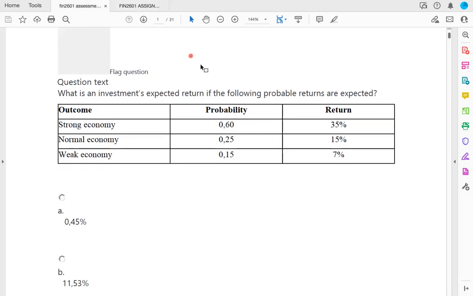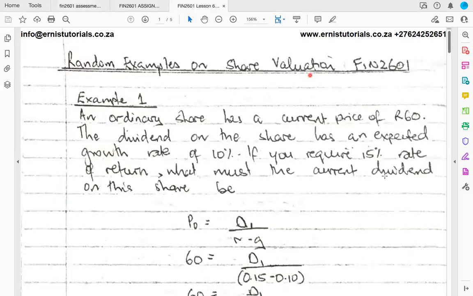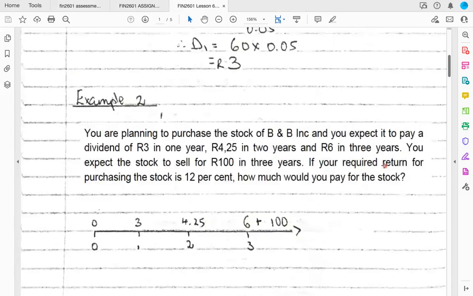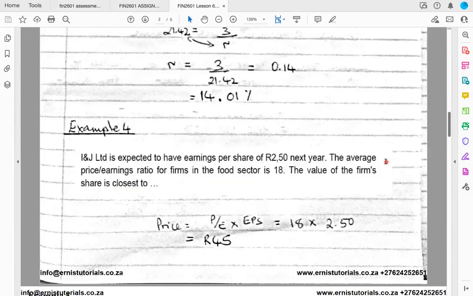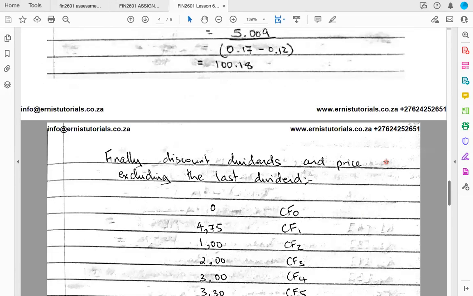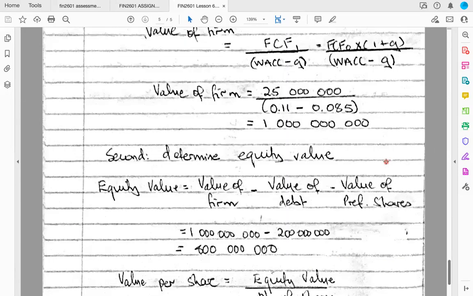The questions you'll get will not always be straightforward with regards to share evaluation, like the questions we saw in the previous class. If you remember, in the previous class we finished off by looking at some examples of how to solve to get the price of a share or different values, just some standard types of examples, right?